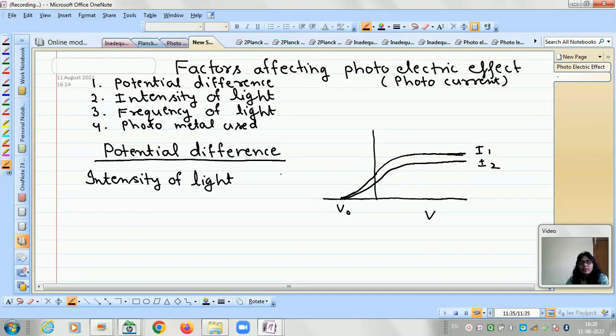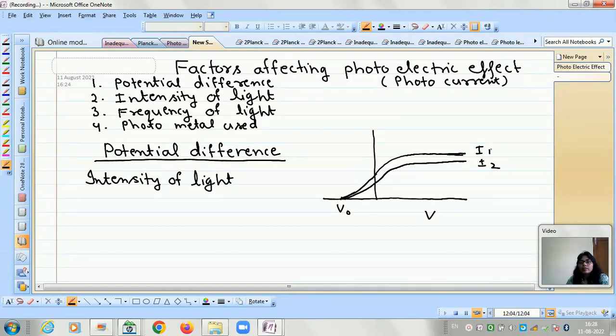Here the frequency is same. So when we discuss one factor, then all the other factors are kept constant, are kept fixed. So if we are discussing the change in the intensity of light, it means all other three factors are kept fixed. So for fixed frequency, the stopping potential will remain same, and because of the change in intensity, there will be change in the photocurrent.